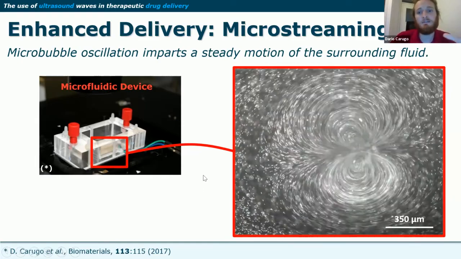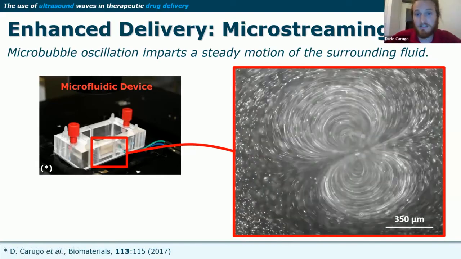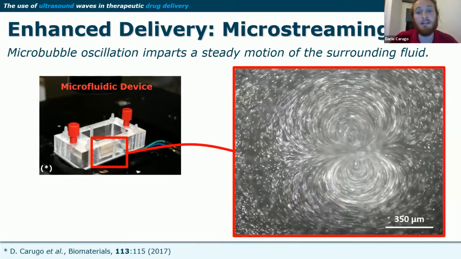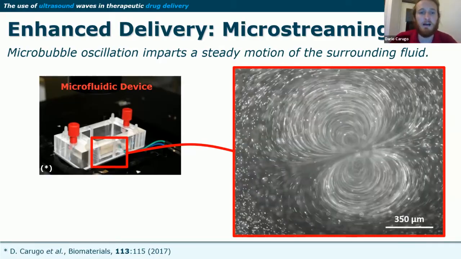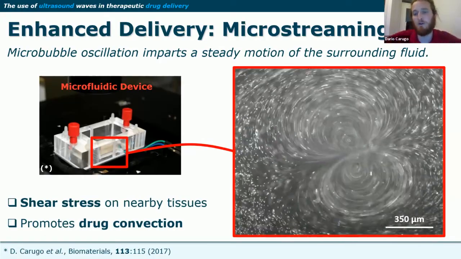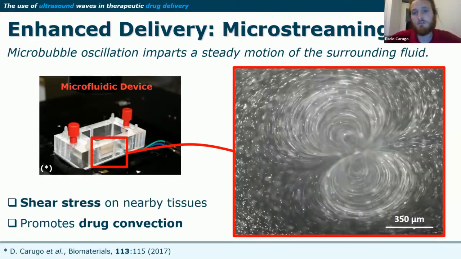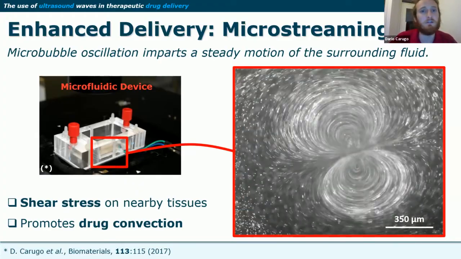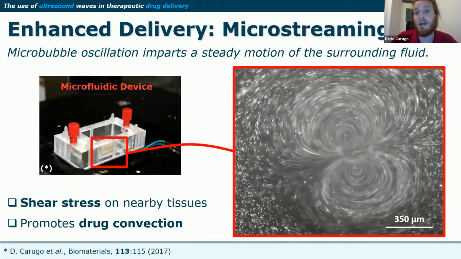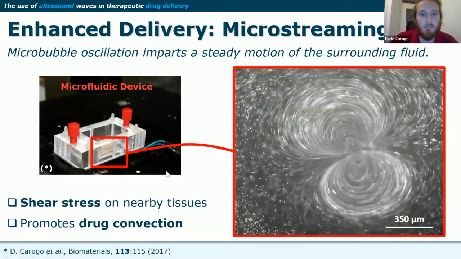This means that this fluid motion can really enhance delivery of a therapeutic compound. In this case, it won't be diffusion-dominated delivery, but very much a convection type of transport mechanism. Also, this fluid motion can impart mechanical stress on a tissue, which could be beneficial for various therapeutic reasons, as well as in enhancing the permeability of a tissue to a certain therapeutic molecule.